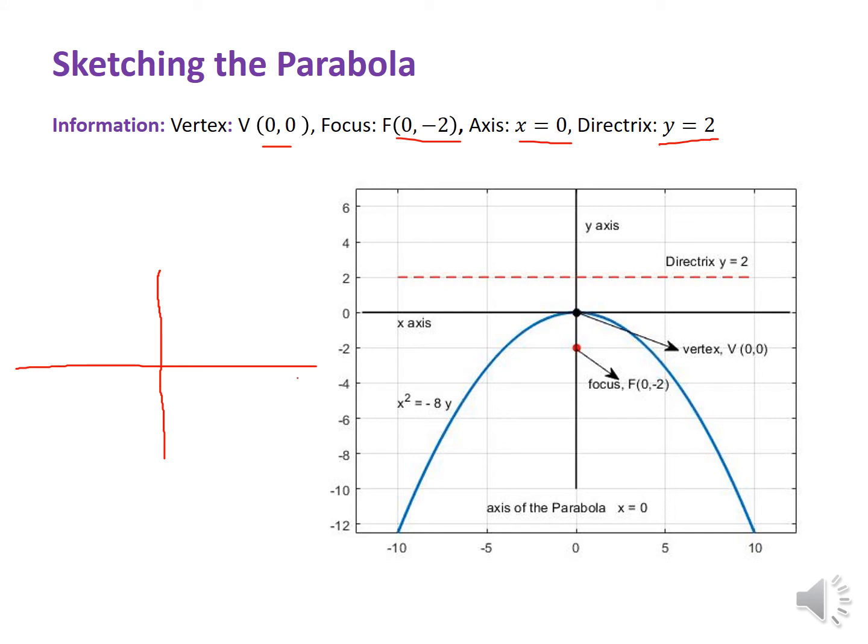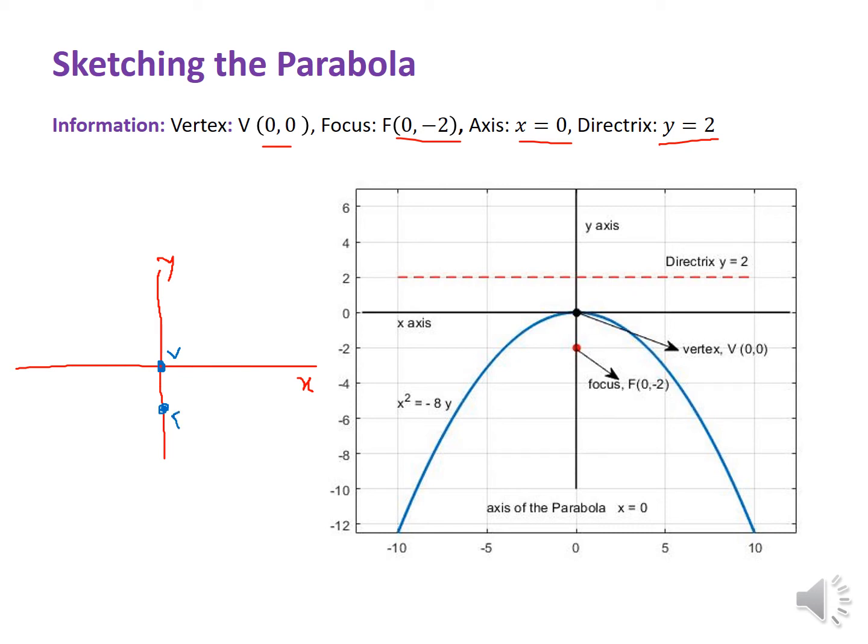This is our x axis, this is the y axis. Look here, first we will draw the vertex. The vertex is 0, 0, so this is our 0, 0, and the focus is 0, negative 2, so say this is our 0, negative 2 position.